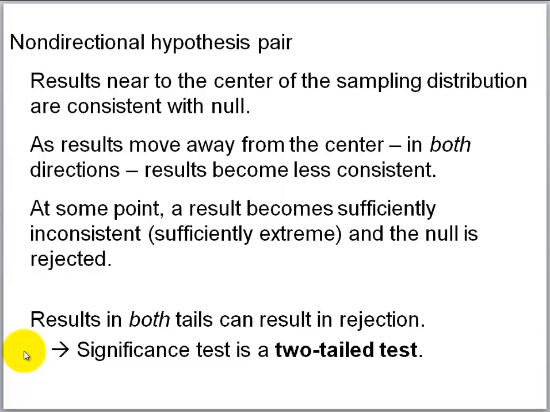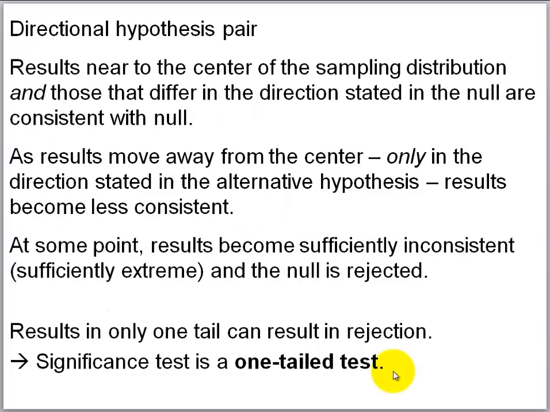The alternative hypothesis simply states not equal, so the result in essence can be not equal in either the negative or the positive direction. So with non-directional pairs, we consider both tails of the distribution, and therefore the term two-tailed test, or occasionally you'll hear a two-sided test.